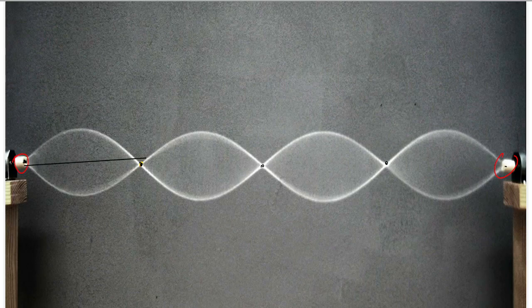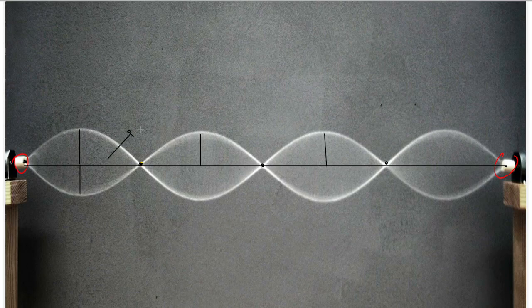These points where disturbance is 0 are called nodes, and there are some points where the disturbance is maximum. For example, this point has maximum displacement like this, and a point here also has maximum displacement like this or like this. These are called antinodes, and these regions are called loops. So here there are 4 loops.